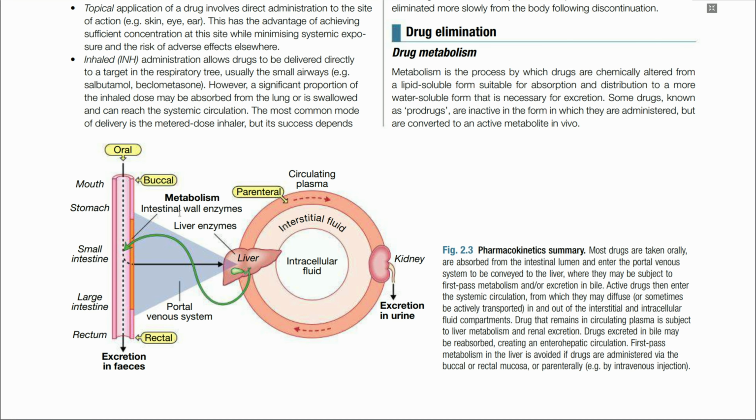Metabolism: intestinal wall enzymes, liver enzymes. Parenteral, circulating plasma, kidney, excretion in urine, liver. Intracellular fluid, interstitial fluid.